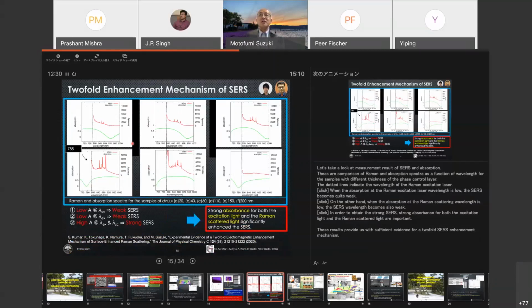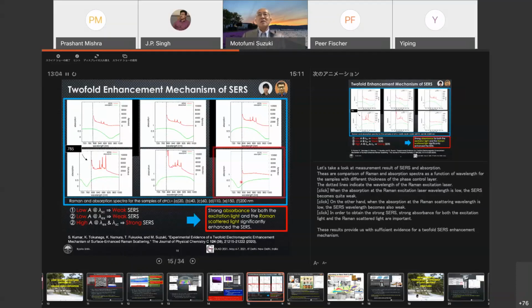Let's take a close look. Take a look at the measurement results of the SERS and absorption. These are the comparison of the Raman spectra and the absorption spectra as a function of wavelength for the samples with SiO2 layers of different thicknesses. Now the dotted line indicates the Raman excitation laser wavelength.